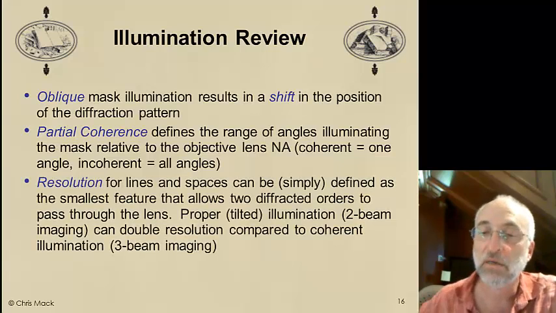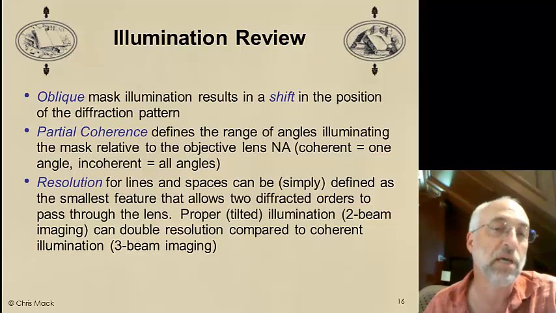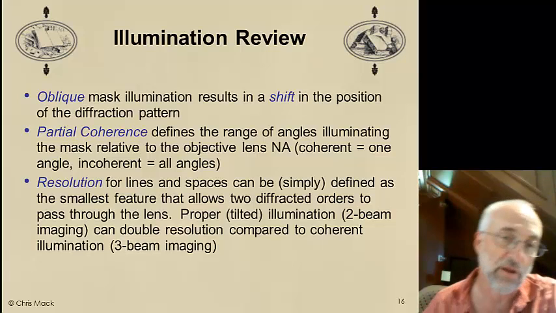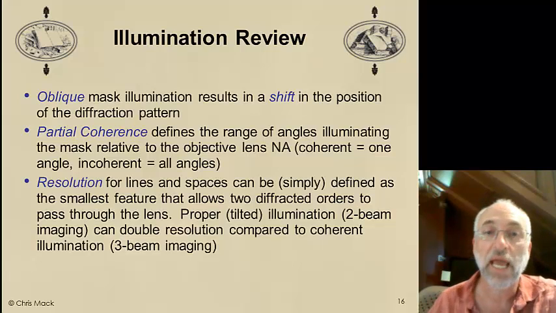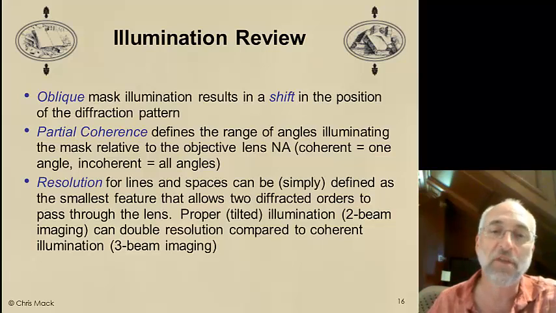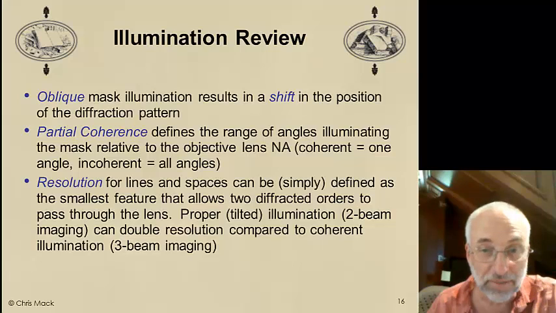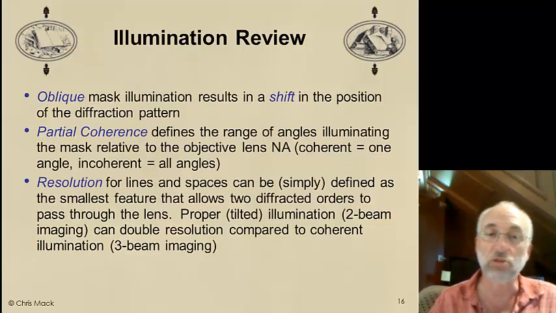And finally, we learned about resolution, our first attempt to define the resolution of a lithographic process. We defined it only for the case of lines and spaces, and we talked about the minimum half pitch. We saw that for 3-beam imaging, we could get the best case for coherent illumination of 0.5 lambda over NA.